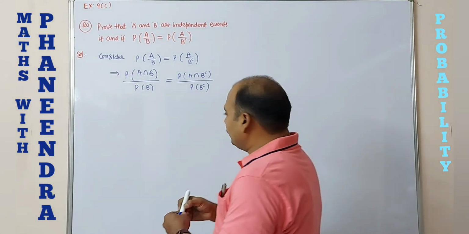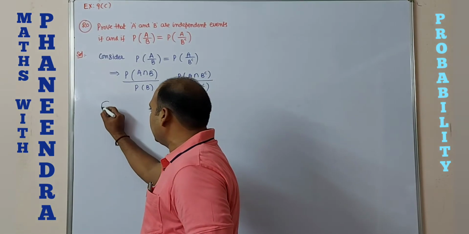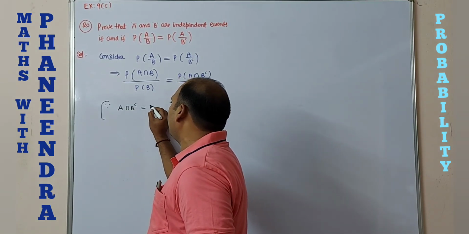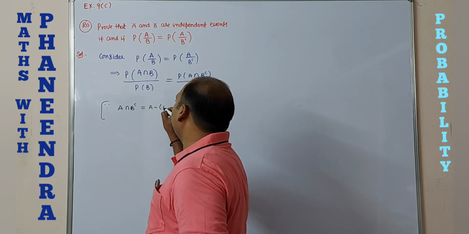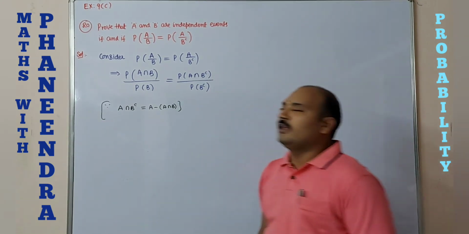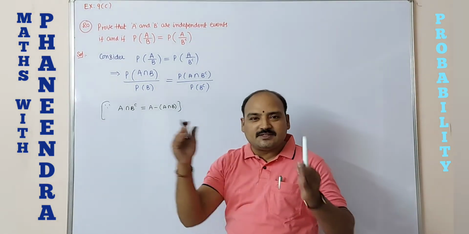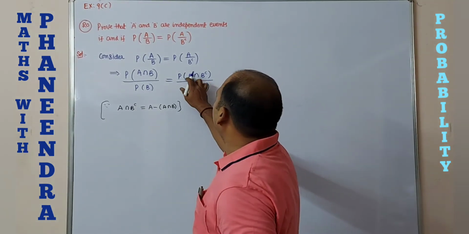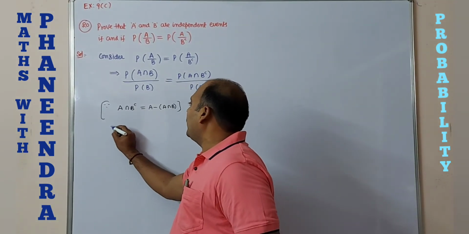We know, we discussed in this session itself, A intersection B complement can be written as A minus A intersection B. A intersection B complement meaning is A minus B itself. So in place of A intersection B complement, I am going to write this one.